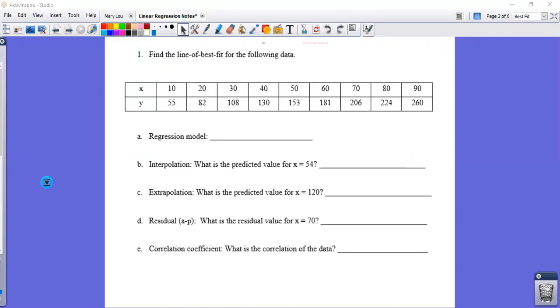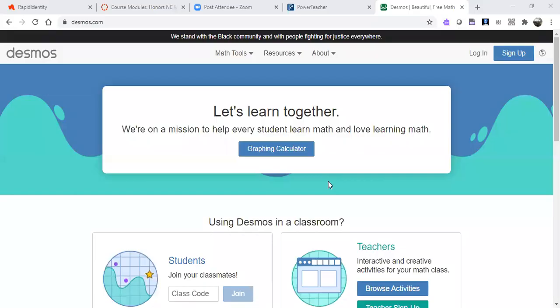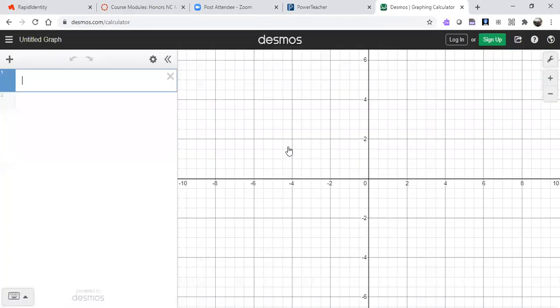So I'm going to stop sharing here and start sharing Desmos. Okay, so when you go to desmos.com, pull up the graphing calculator. I have the data in front of me, and over at the side there's a plus sign.